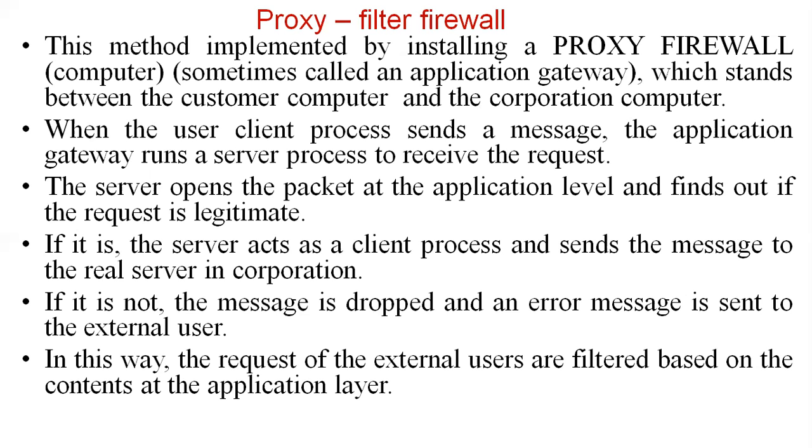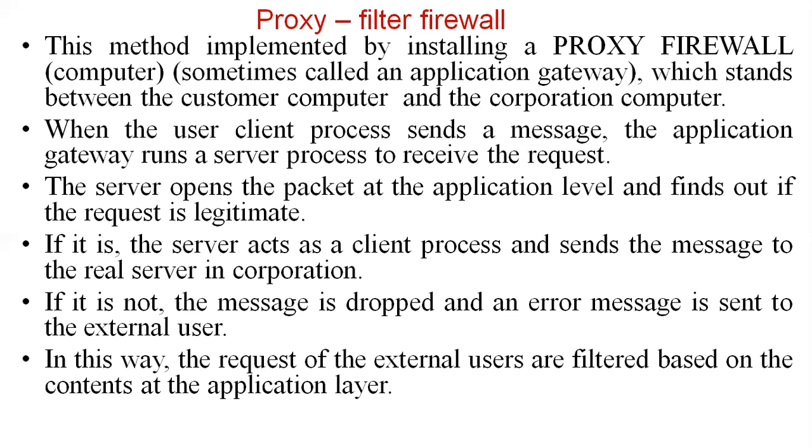Then the server opens the packet at the application level and finds out if the request is legitimate, that is, approved. If it is approved, the server acts as a client process and sends the message to the real server in the corporation.